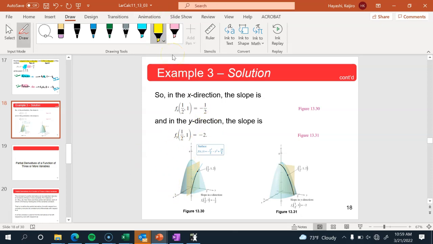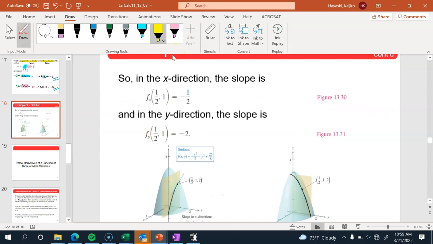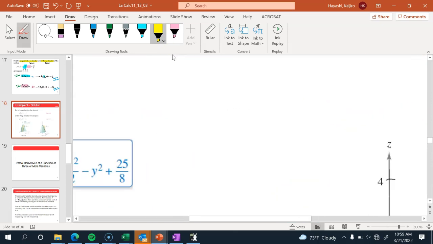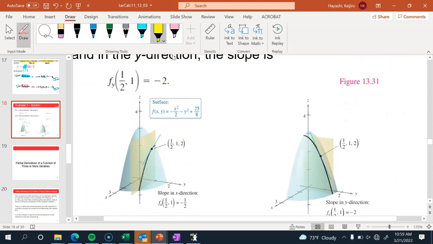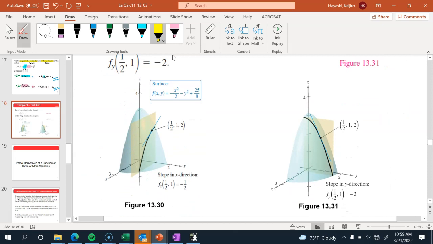So this is the point we're looking at, 1/2, 1, 2, and this is the slope in the x direction, because this is the partial derivative with respect to x. If at this point you were only measuring how the slope changes in that x direction, you'd measure a value of -1/2.